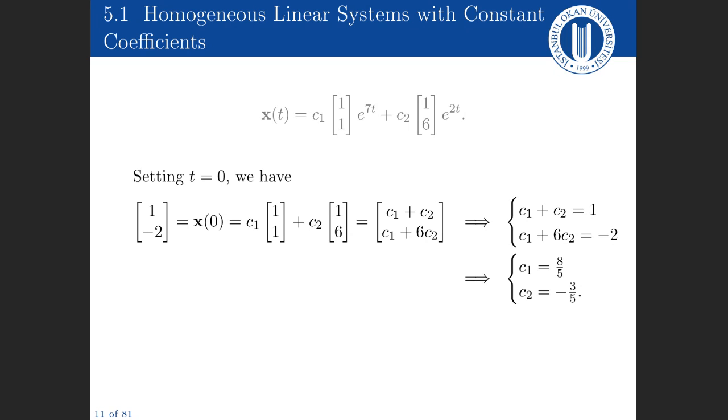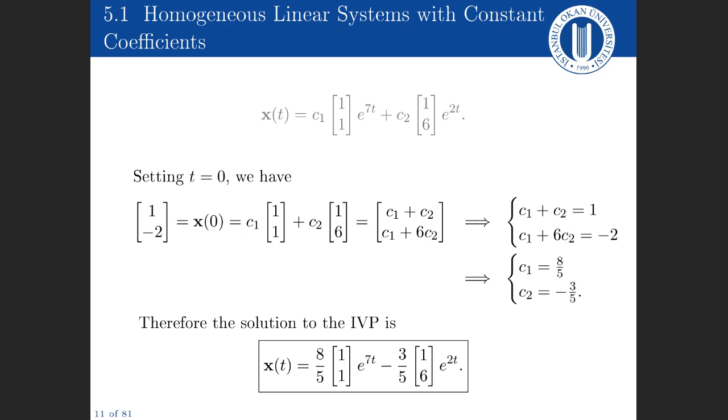And that's all we need to write down the solution to this initial value problem. Put everything in. The solution must be 8 over 5 times (1, 1) e to the power 7t, minus 3 over 5 times (1, 6) e to the power 2t.